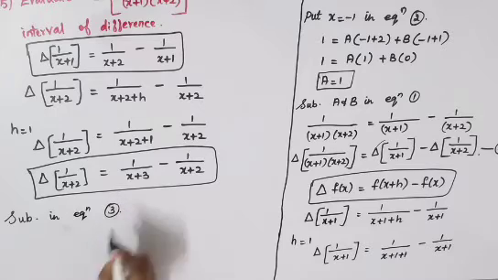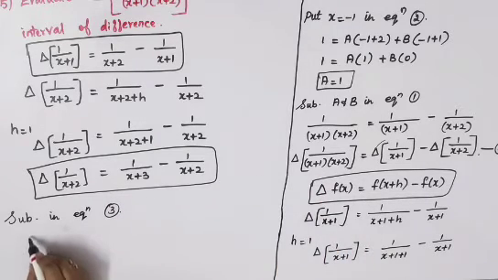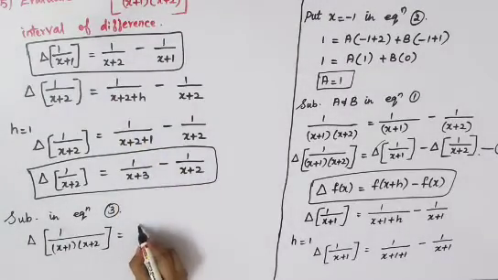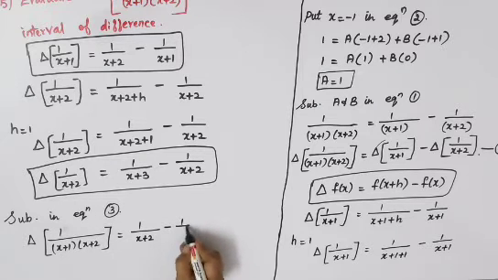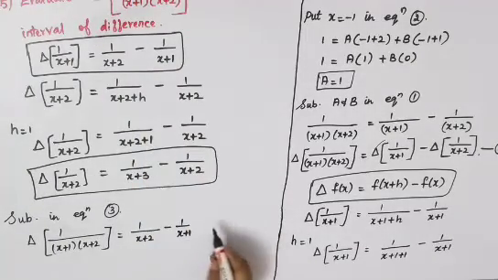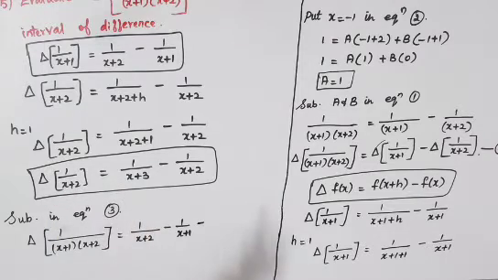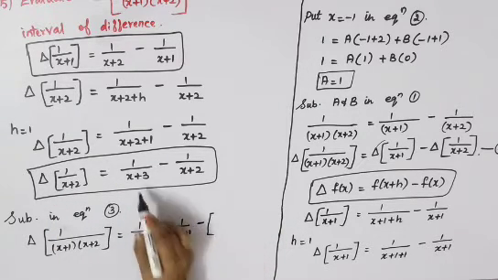that is your delta of 1 divided by (x plus 1) into (x plus 2), which is equal to, your first part answer is this. So 1 divided by x plus 2 minus 1 divided by x plus 1, that is from here. Then minus, again delta of 1 divided by x plus 2. So the answer is here, minus, open your bracket since minus is there.